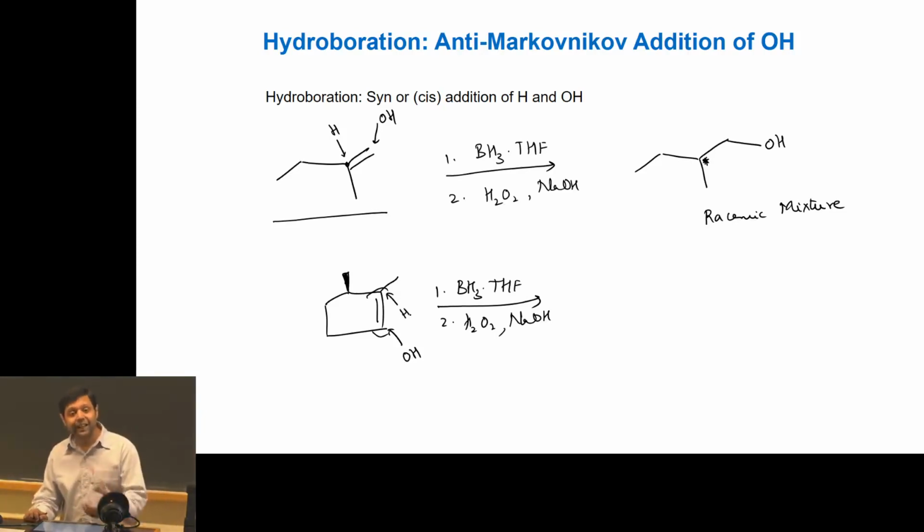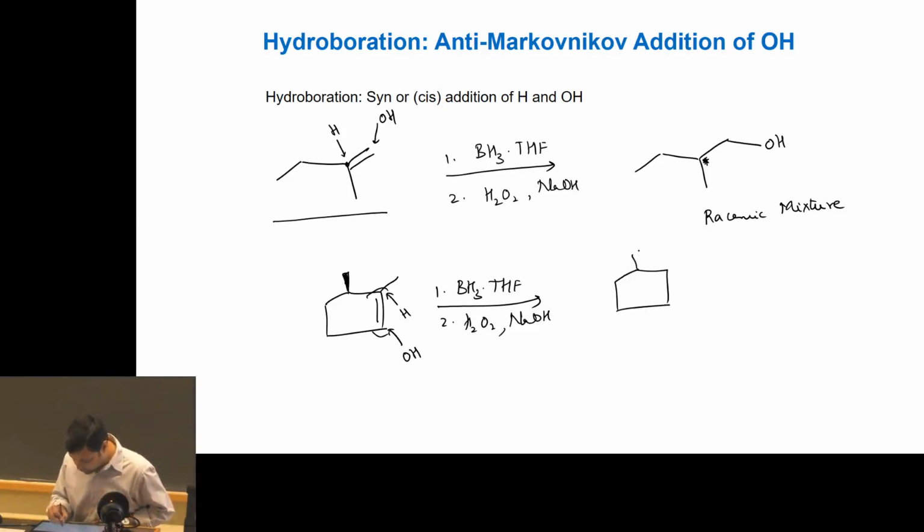Now because this is a cyclic molecule, make sure you write out clearly the bold and the dotted bonds. All right. If I put the hydrogen dotted, I also have to put the OH dotted. If hydrogen is dotted, the methyl group there would be up. That is one product you'll get.